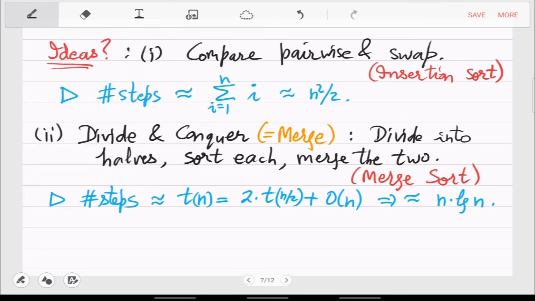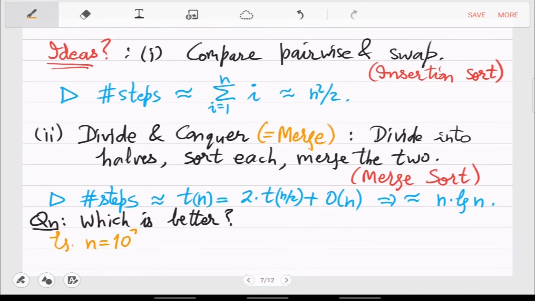Yes, so the obvious question is which one of these is better, and that depends on your n. For example, just to get an idea, if you take n to be 10 to the 7, which is 10 million integers, which is quite common.